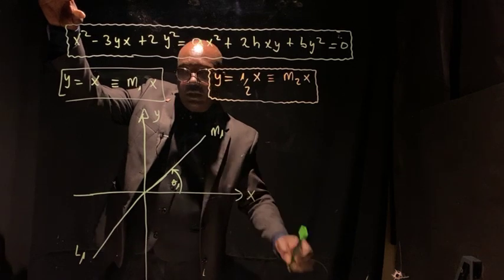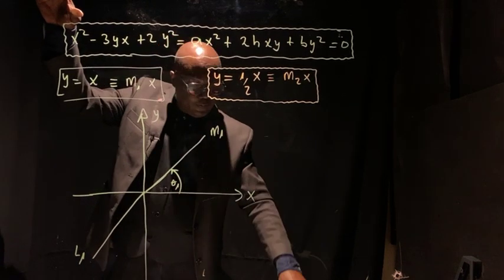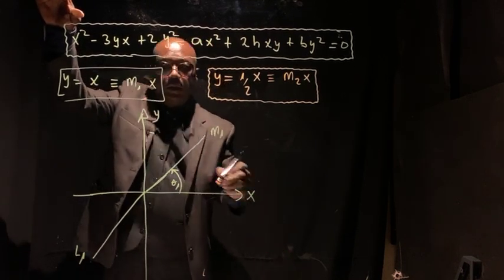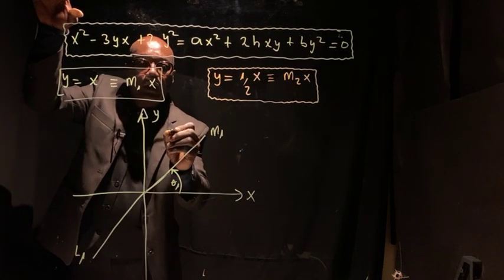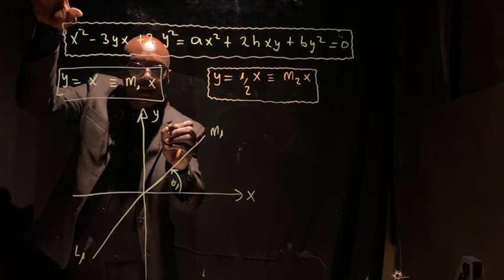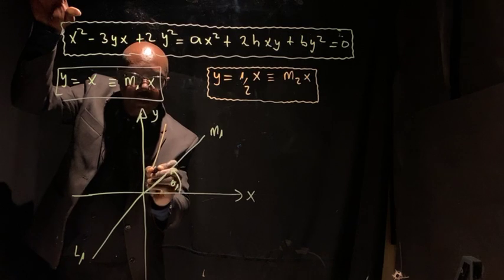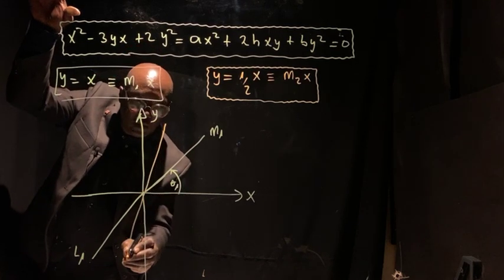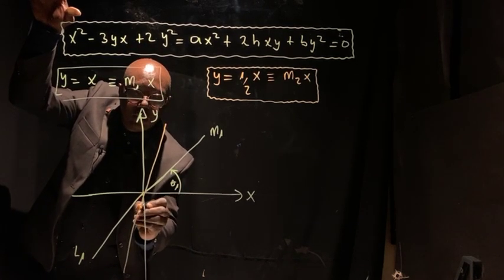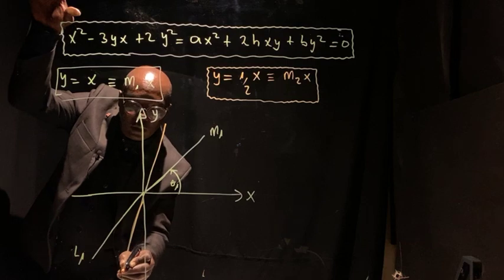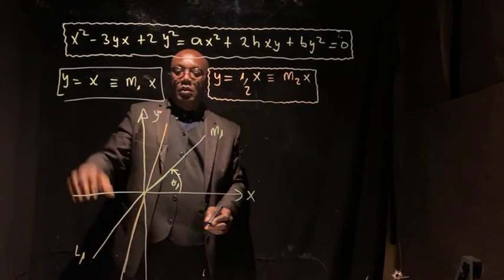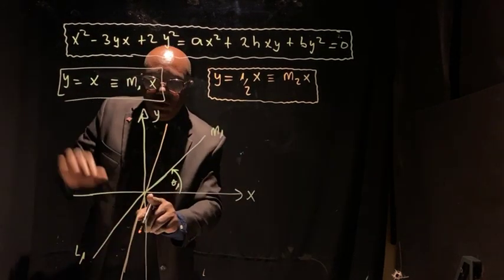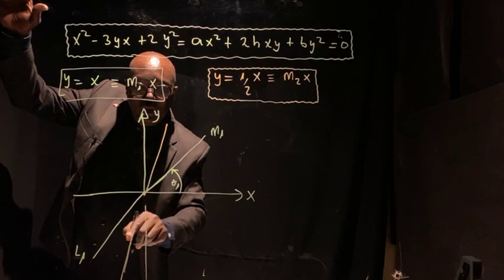And that equation is this one. And then you have the other one, which is like this. It also goes through the origin.